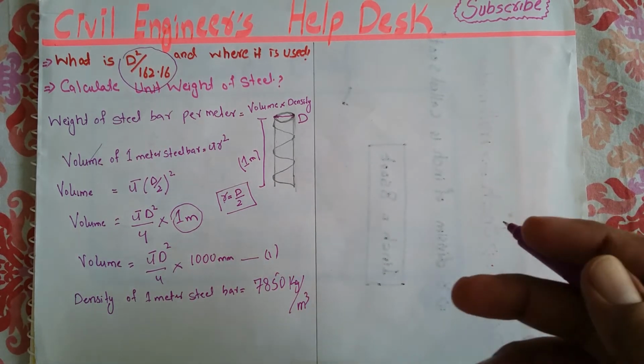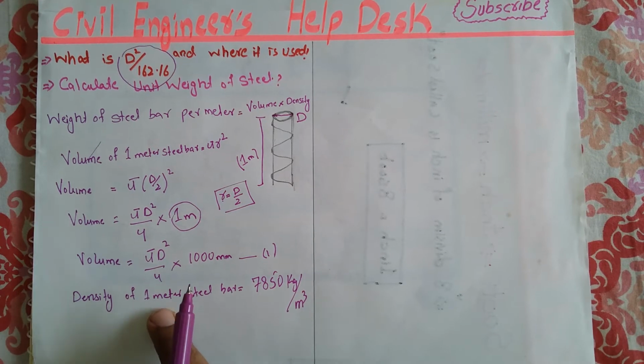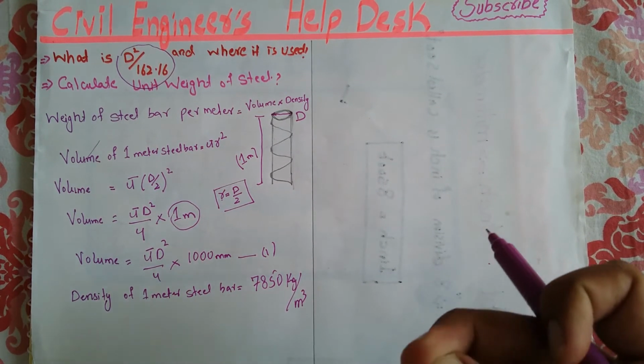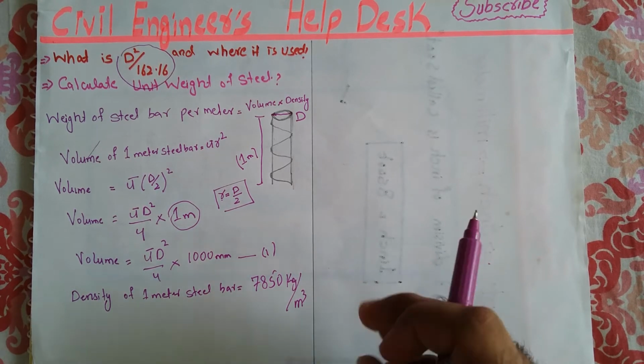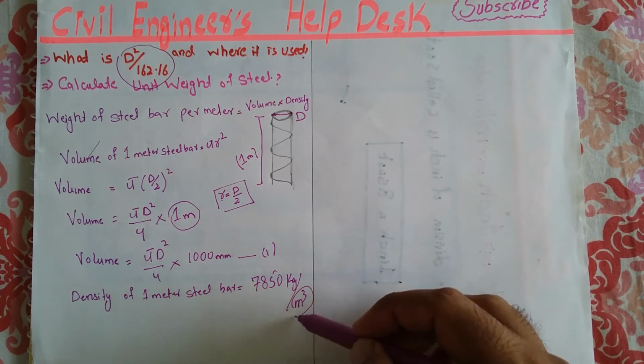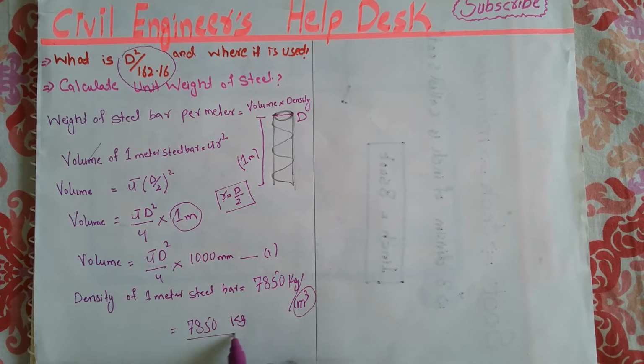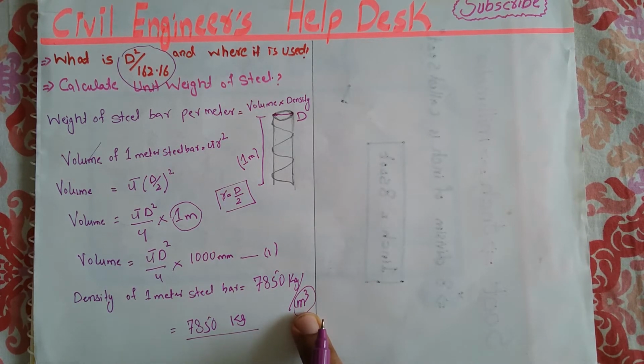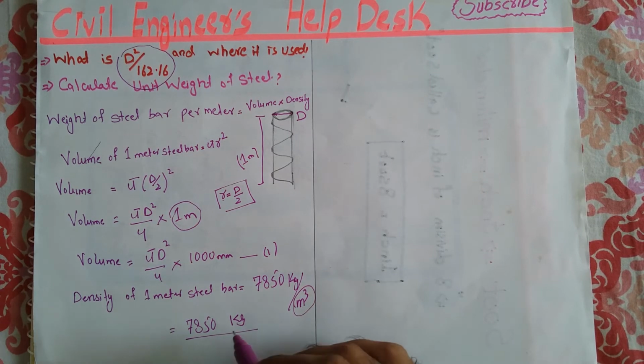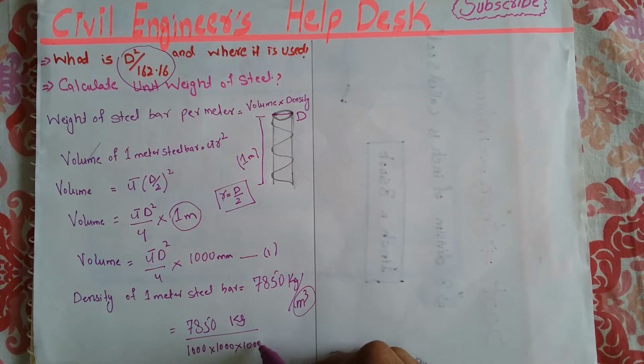So the problem here is cubic meter, because we are working in millimeter, as the value of diameter will always be in mm, so we cannot use meter or cubic meter. We have to convert this into millimeter. 1 meter is equal to 1000 mm, so we can also write this cubic meter like this. So this is equation number 2.